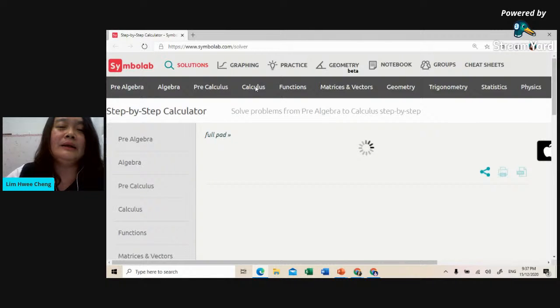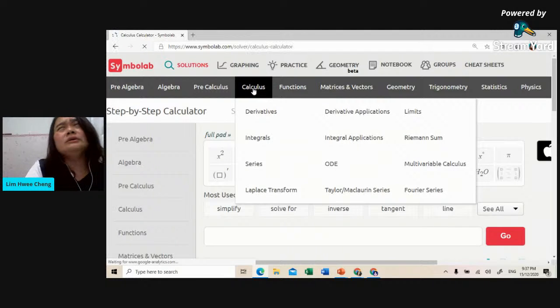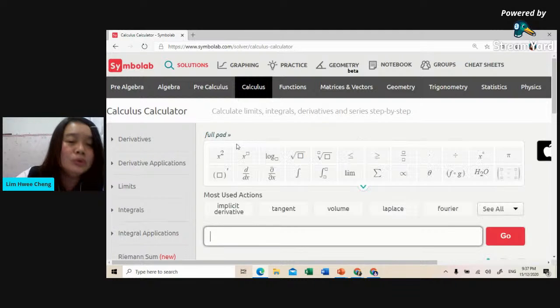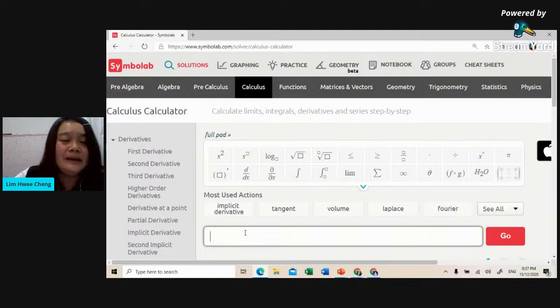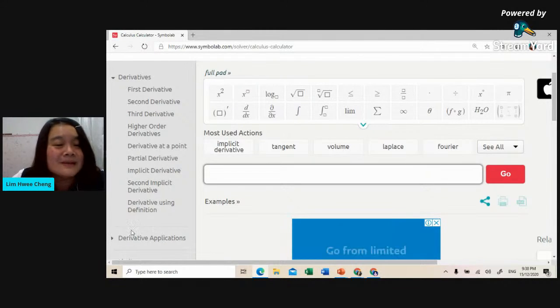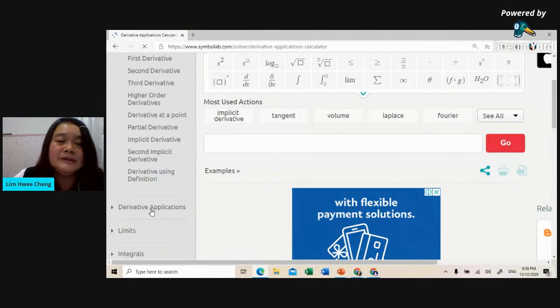Make sure that you are in the calculus tab here. You have two ways to do it. One is if you already know, you just simply type. If I'm not mistaken, you can type Cre, because if you go here, this is under the topic of application.